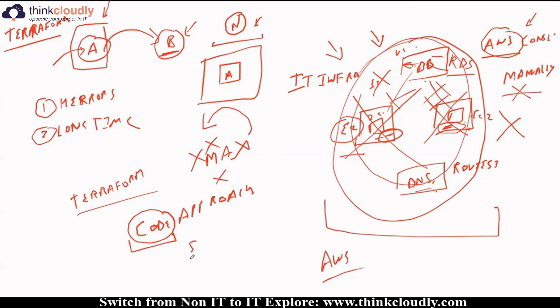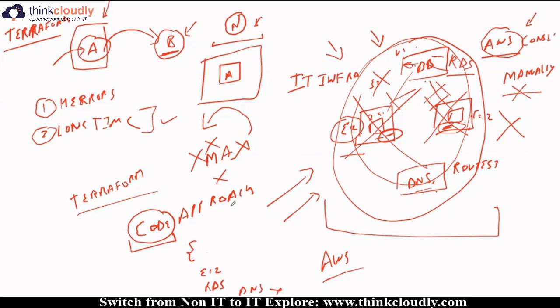Now, if I write in the code: create EC2, create RDS, create DNS, it will go ahead and create everything automatically and very quickly. Maybe within 5 minutes. So we actually solve this problem of long time with the help of Terraform, because Terraform has a code approach.